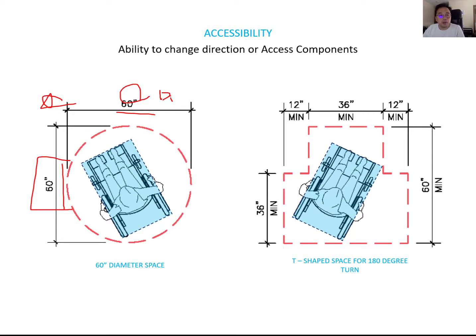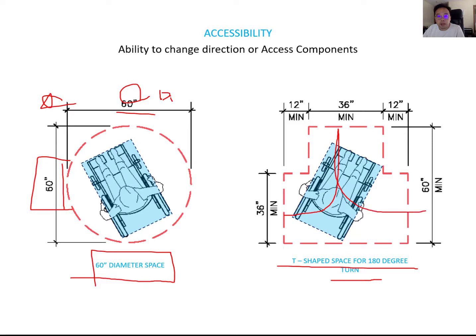But if the 60 inch diameter doesn't work, you can also apply a T-shaped space for a 180 degree turn. In this case, it also starts from the 30 by 48 inch clear space. You can go down, come up, and then come back, and then they can change direction.